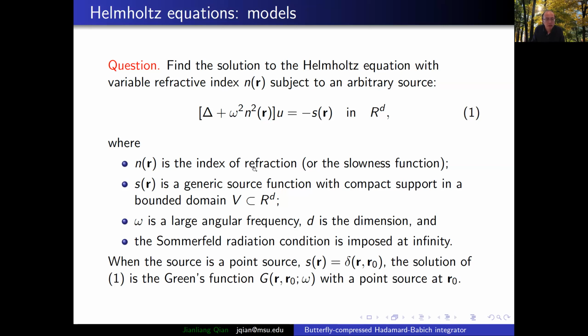Here n, the index of refraction or slowness function, is variable, in inhomogeneous media. Omega is the large angular frequency, and certainly we impose the so-called Sommerfeld radiation boundary condition at infinity. If the source function on the right-hand side is a point source, then we have the so-called Green's function.